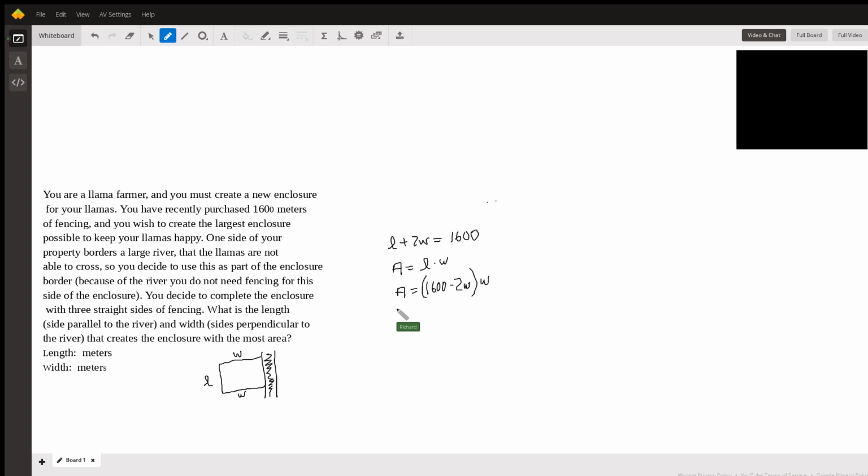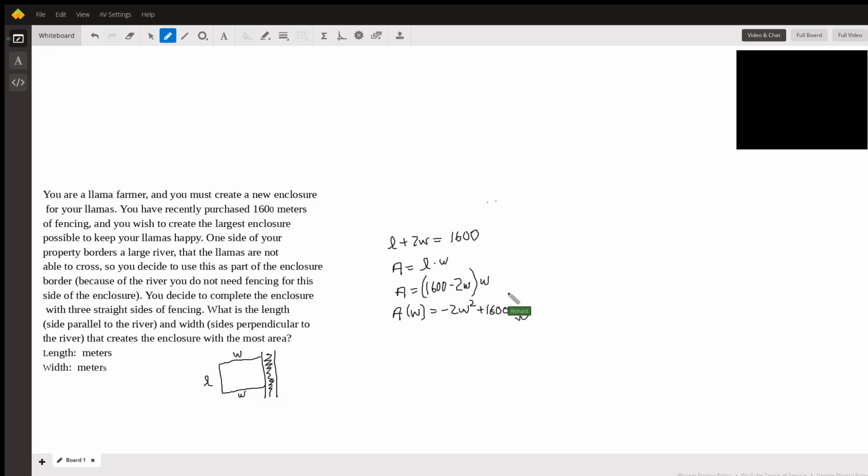And if I wanted to, I could express this as a function of width. The area is a function of width. And I can distribute that W if I wanted to. So I'd get negative 2W squared plus 1,600W. And that W is not coming out too well there.